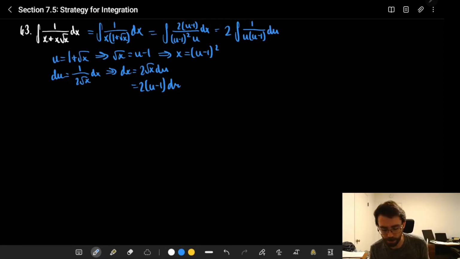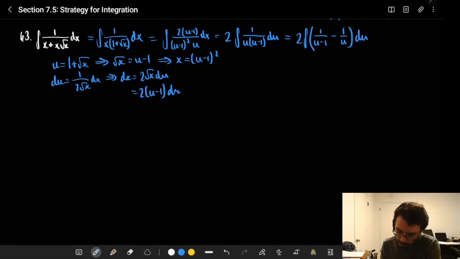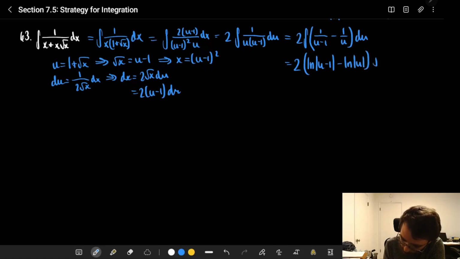And again, integrate by partial fractions, right? This looks like 2 times the integral of 1 over u minus 1 minus 1 over u. Let's just double check that. I think that's right. Then you get 2 natural log of (u minus 1) minus natural log of u.